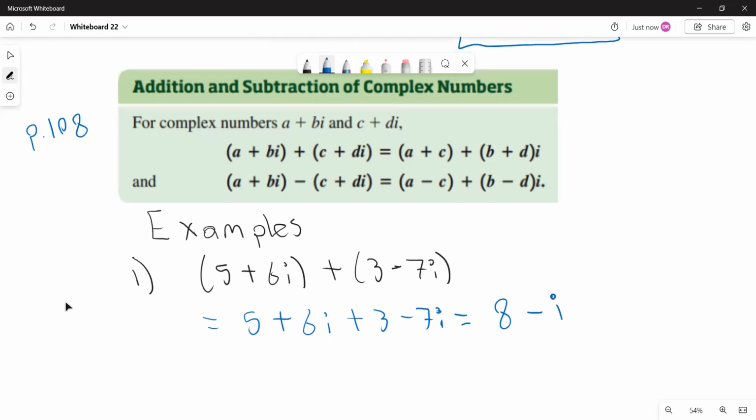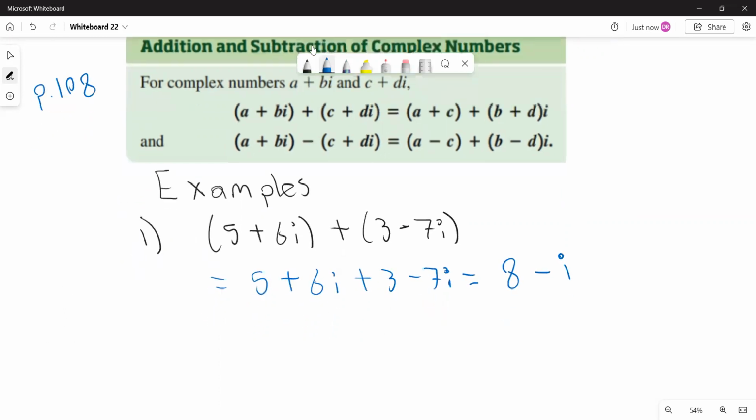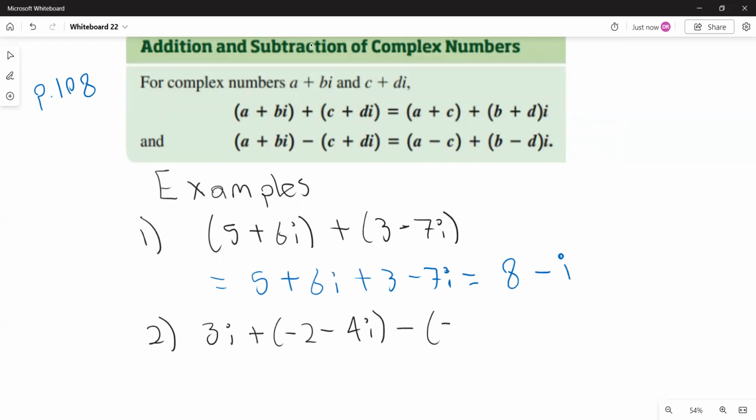Number 2. 3i plus negative 2 minus 4i minus negative 5 plus 7i. Okay, so we can distribute the minus sign and drop the parentheses.